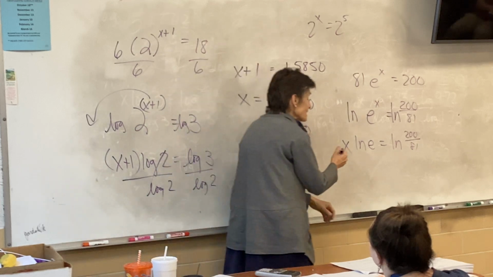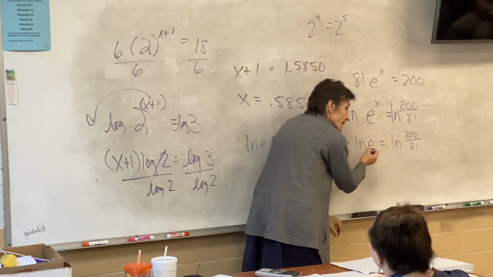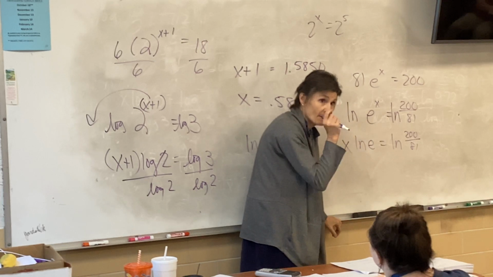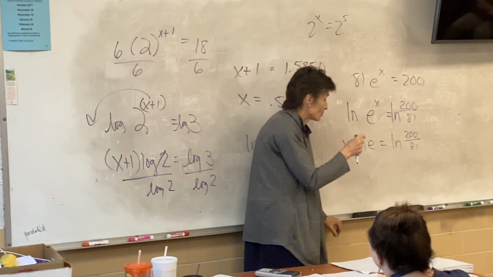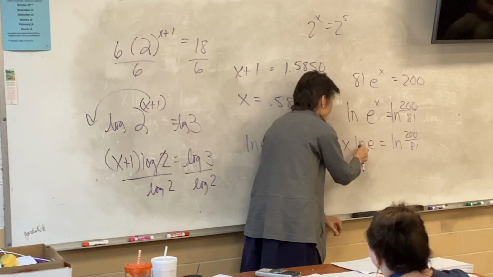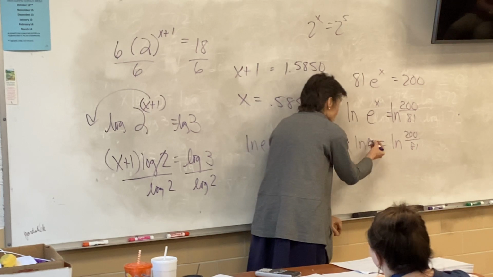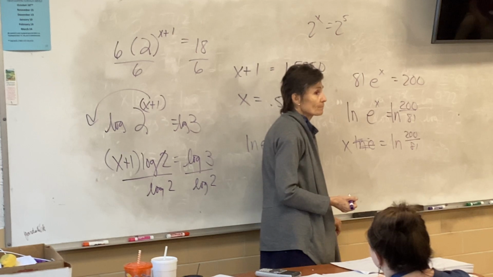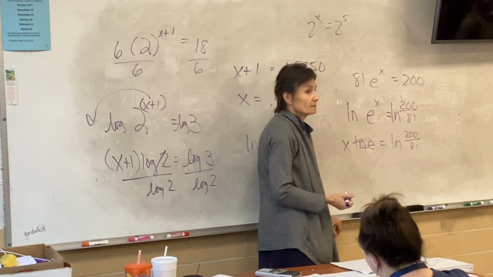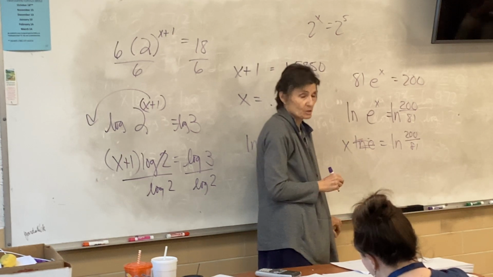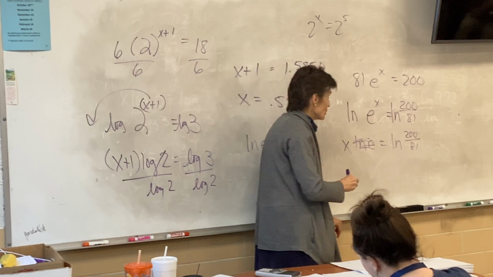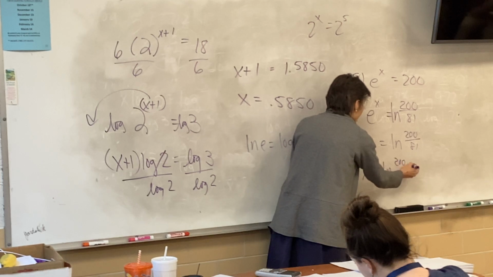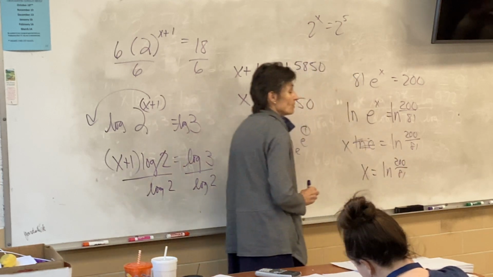Guys, anytime an ln and an e are touching each other, actually touching each other, nothing in between, they cancel. They make a 1, which is like canceling. So the answer to the problem is just ln 200 over 81.